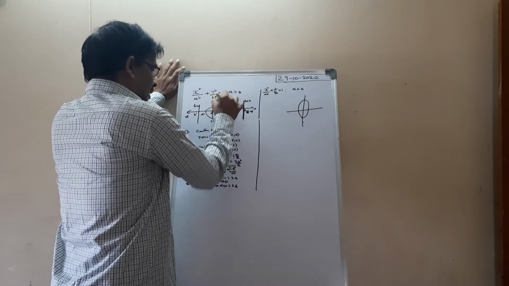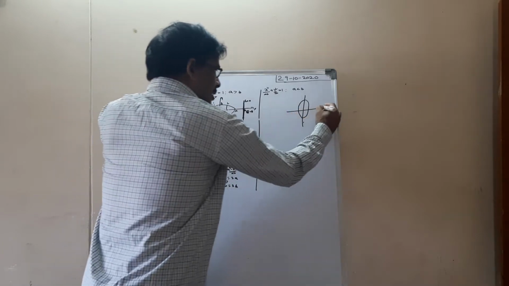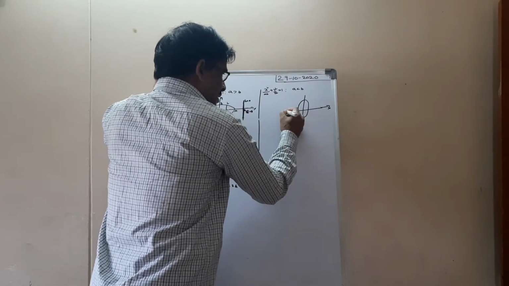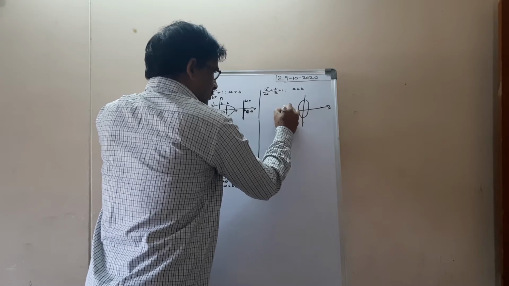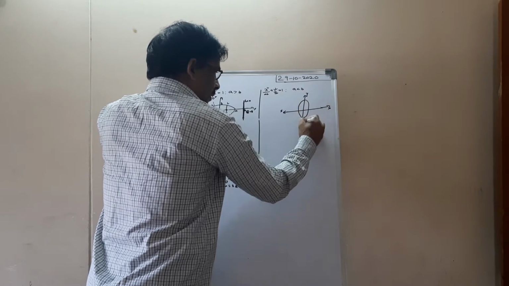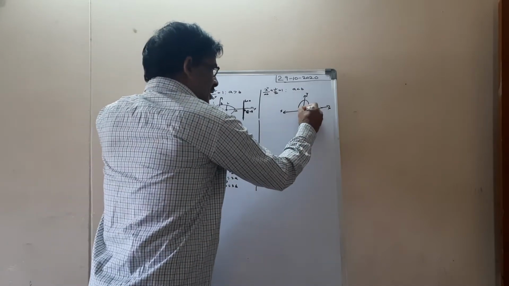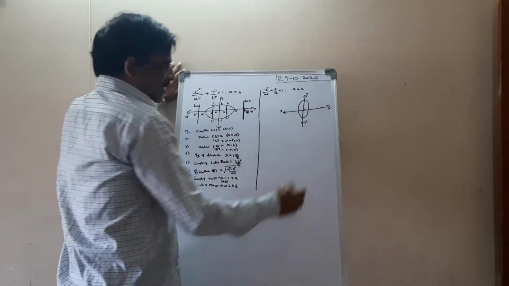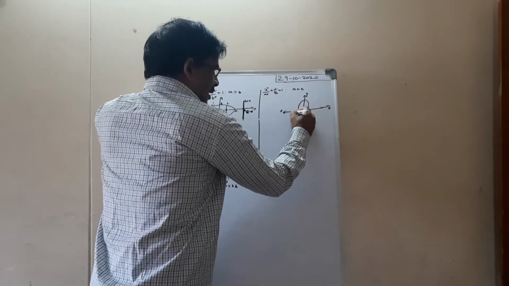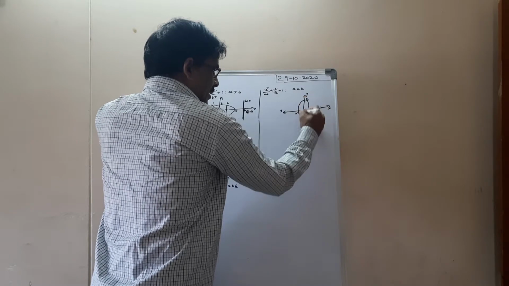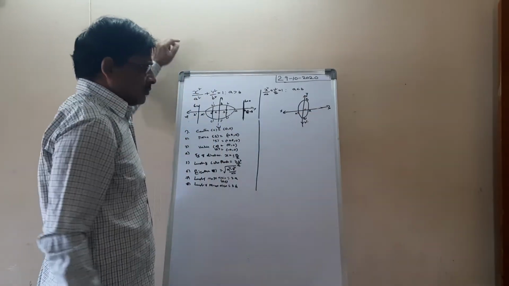This is y dash, x. Here also, this is x dash, y dash. This is center. Now for this one, this is a, this is a dash, b dash. Already you know.